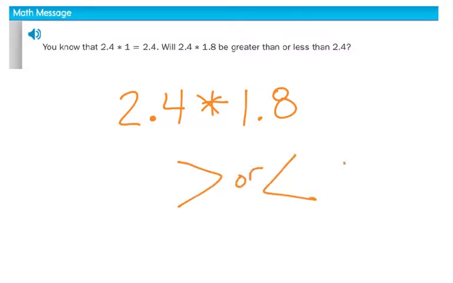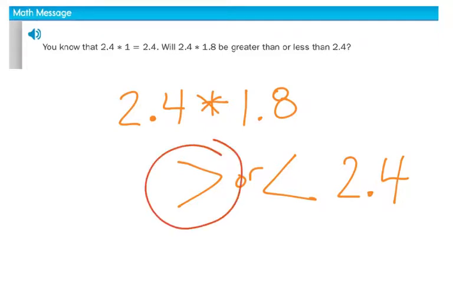So will 2 4/10 times 1 8/10 be greater than or less than what I started with, 2 4/10? It would be greater than, because anything larger than 1 will give us something greater than what we started with.